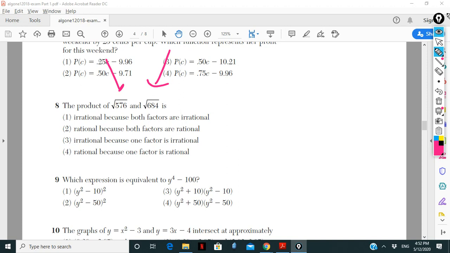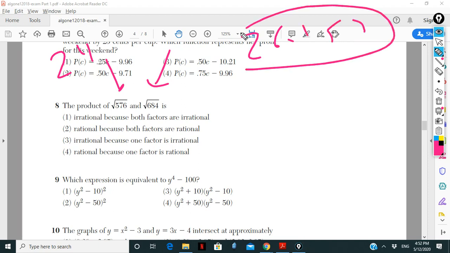I'm seeing what is the value of square root of 576, giving me 24.